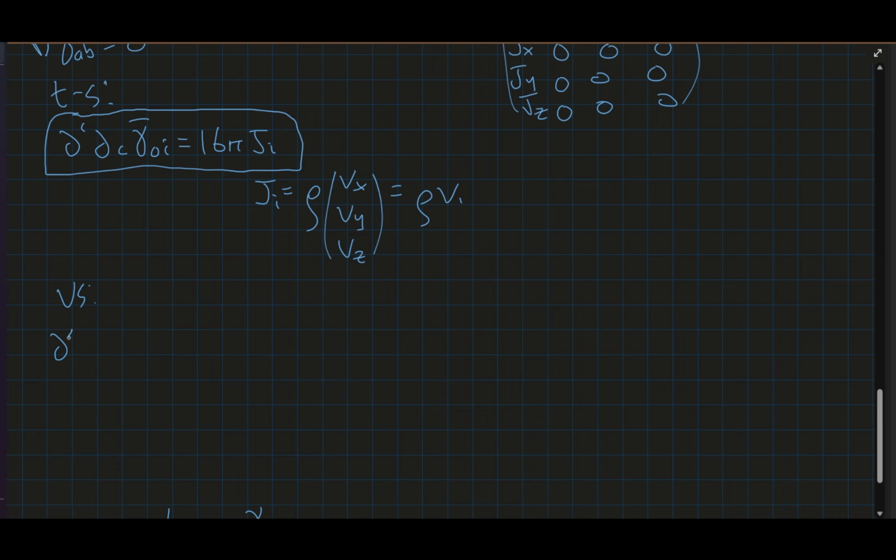We have del C, and then the vector potential AB here, and this is going to be minus 4 pi JB. So this again is directly from Maxwell, and we want to draw an analogy between these two equations.